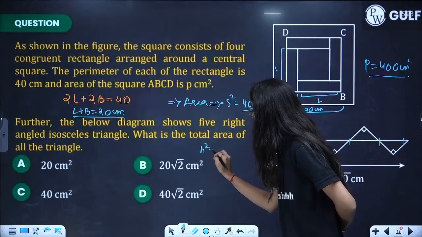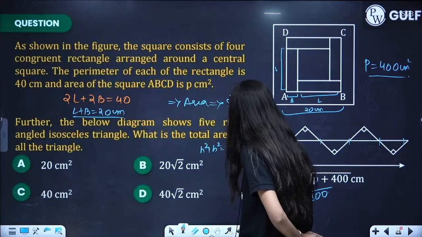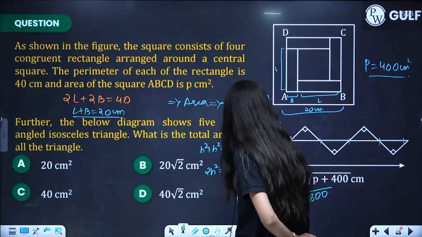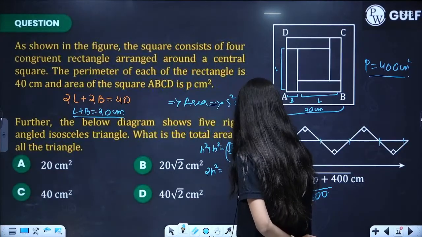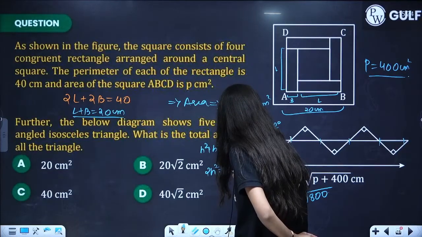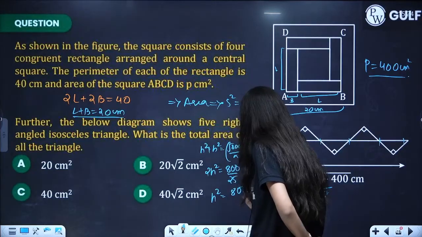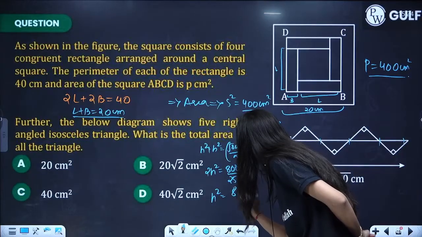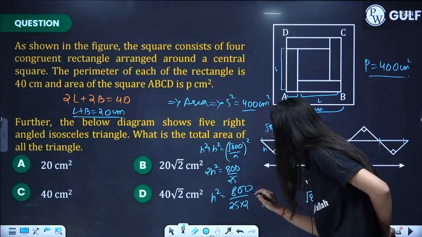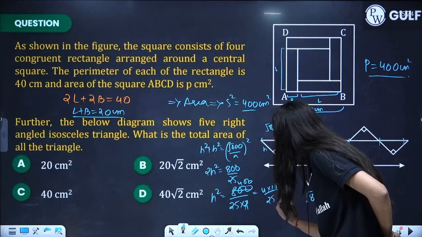So h square plus h square is equal to 2h square, which is 800 divided by 25 multiplied by 2, so 4 multiplied by 100 by 25, which gives 16.